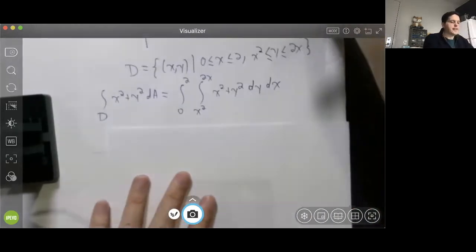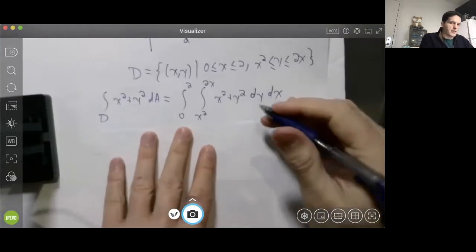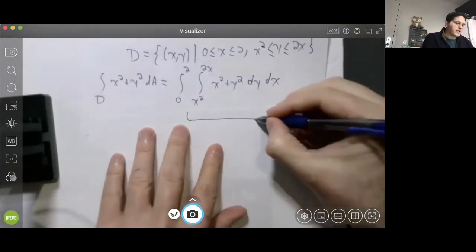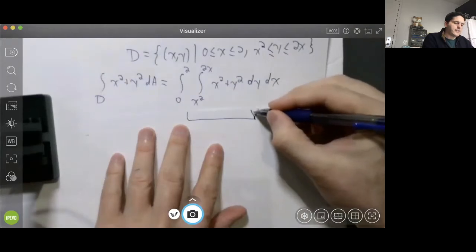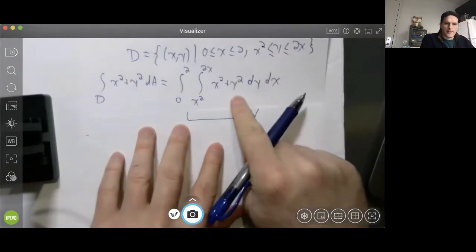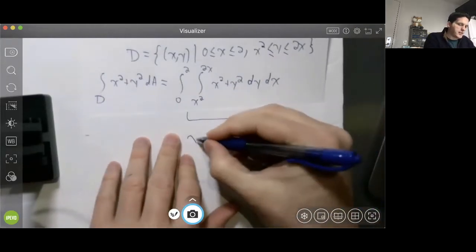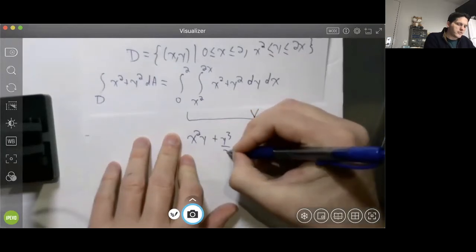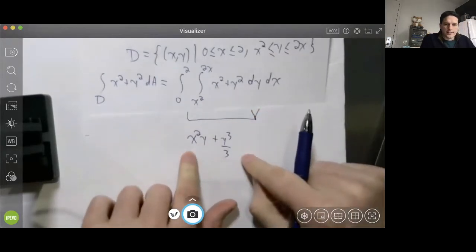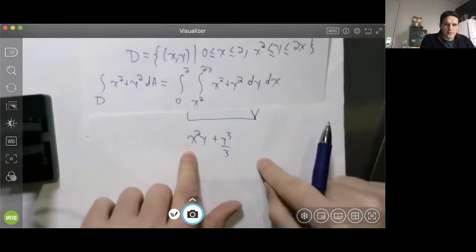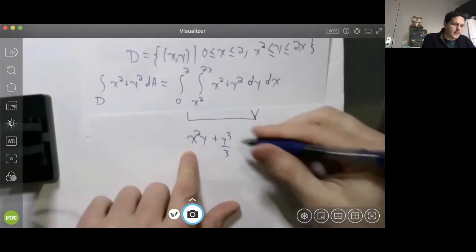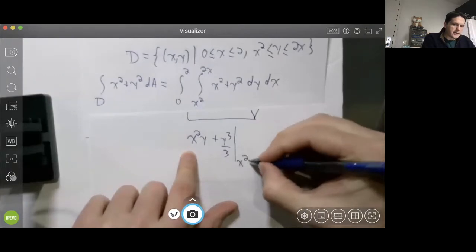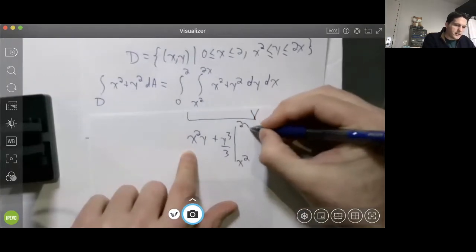Now let's evaluate the inner integral. We need an antiderivative of this function with respect to y. So here we go, x² y plus y³/3. That's an antiderivative of this function with respect to y. We take our antiderivative and we evaluate it at the endpoints. So from x² up to 2x.